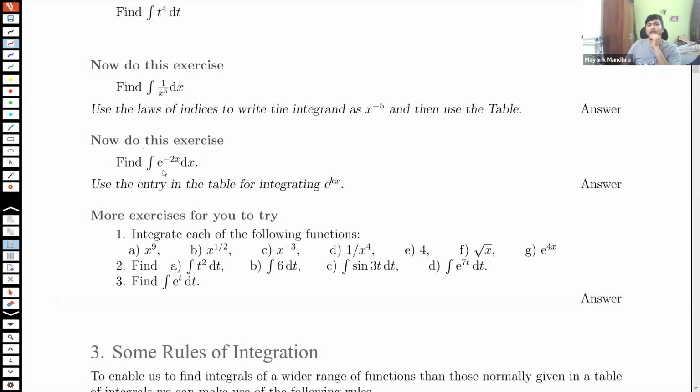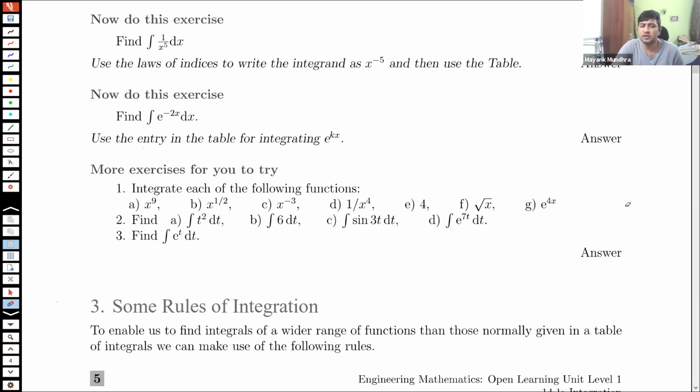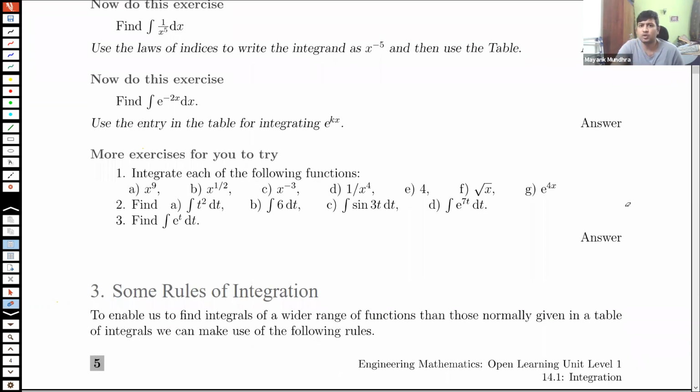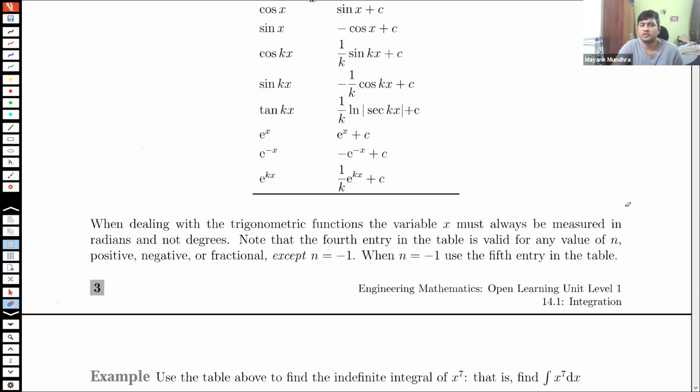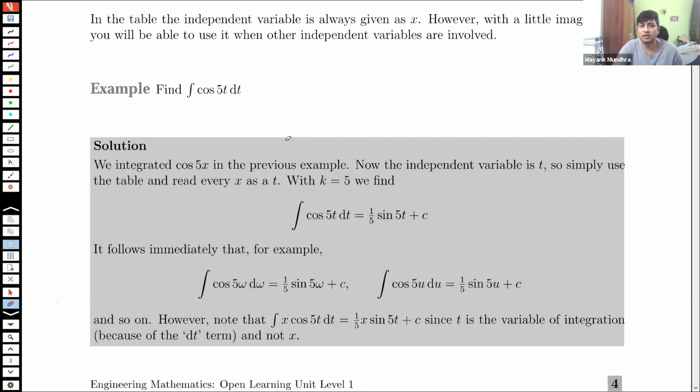Now integration of e to power minus 2x dx. For that, use the integration rule for e to power kx. There are certain rules which are given in the table which I just showed you. It has the rules for e to power kx, so just substitute the value of k from here.